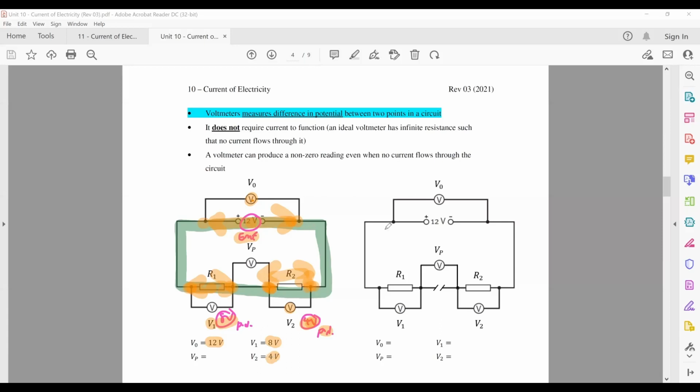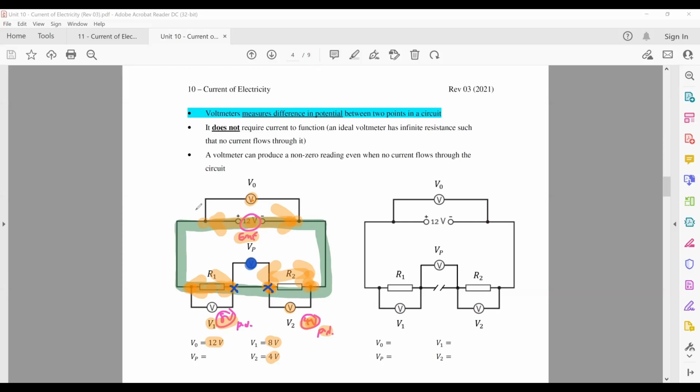Now, of interest to you is this particular voltmeter. Maybe I use a different color, blue maybe. Of interest to you is this particular voltmeter. You say where is it connected to? It's connected here and here. Now, in your case here, this circuit has current flowing.